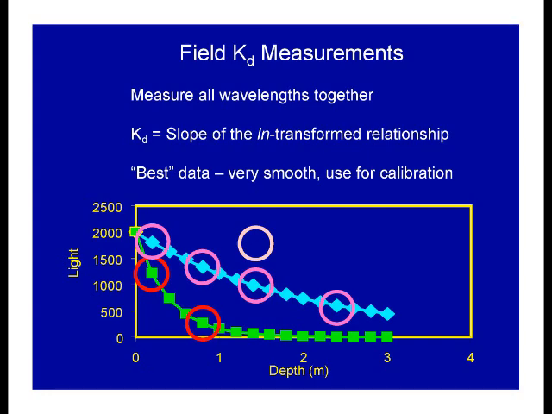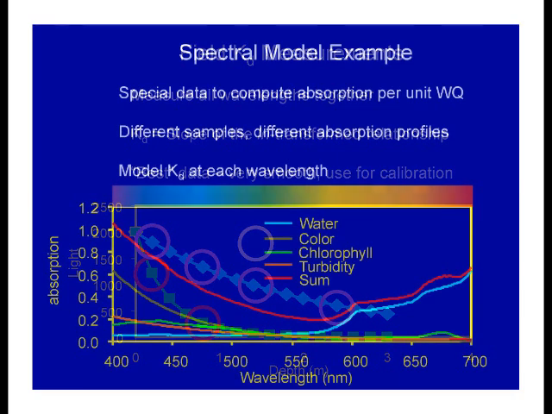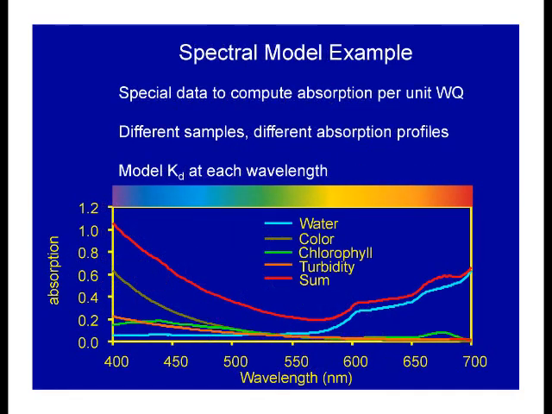So back to the spectral model, we're looking at wavelengths from 400 to 700 nanometers across this little range, because that's where plants are used to do photosynthesis. What I'm showing here are the different components of absorption that are additive and that go into the attenuation of light.